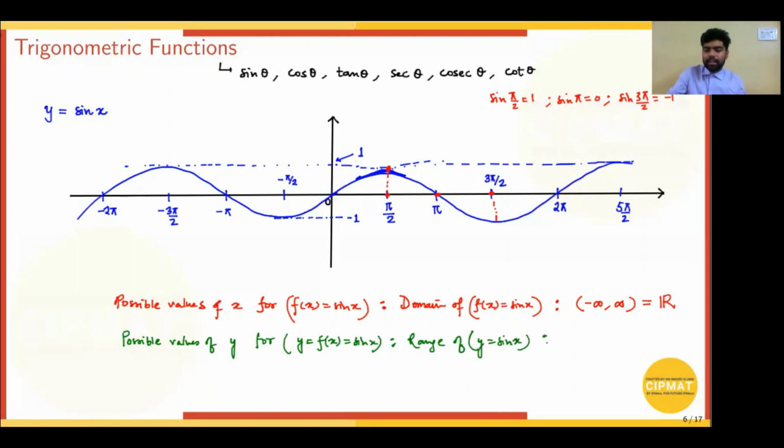Clearly, you can see that it starts from here and it goes till here, and both the values, that is 1 and minus 1, are included over here. Hence, the values are going to lie from minus 1 to 1. So this is the domain as well as the range.